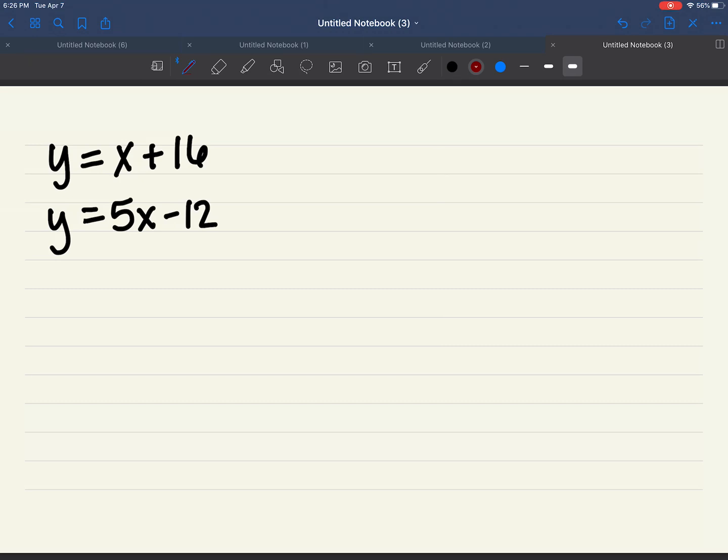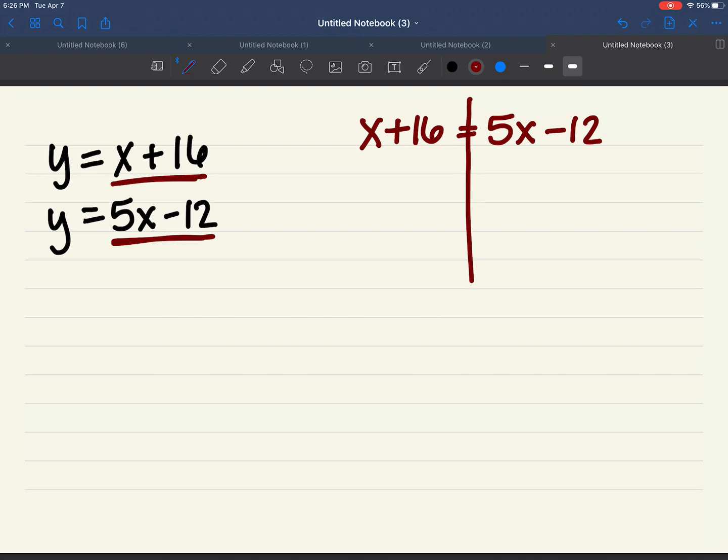All right, this is the exact same type of problem here. Both are equal to y, so again, that means you can set x plus 16 equal to 5x minus 12. So let's do that here. x plus 16, and we're going to set it equal to 5x minus 12. Same thing, we're solving for x, so I want everything that has x on the same side.